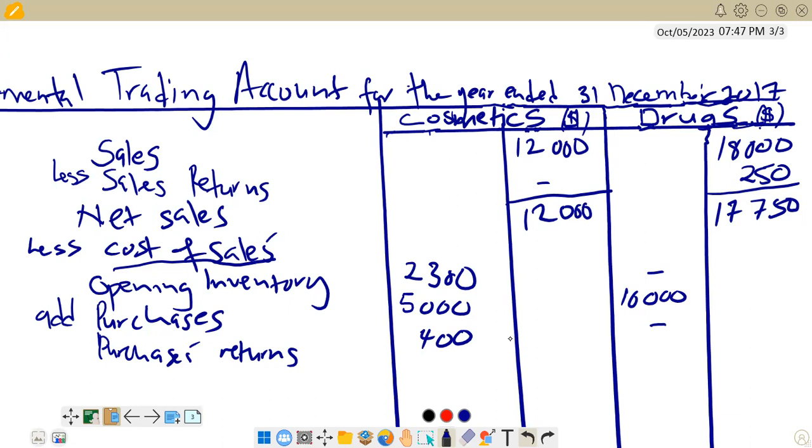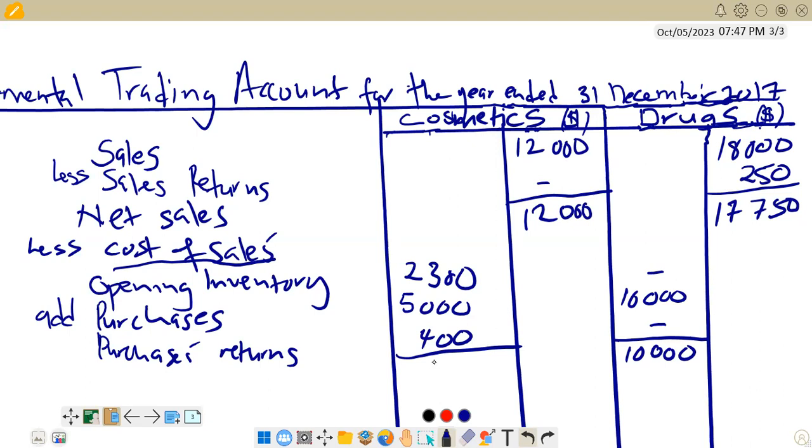Right. After having done that, we have to add opening inventory, add purchases, less purchase returns. So we underline here and then underline here. For drugs, we only have 10,000, so here we are going to have 10,000. And for cosmetics, we say 2,300 plus 5,000 minus 400, and the figure that we are supposed to get is 6,900.